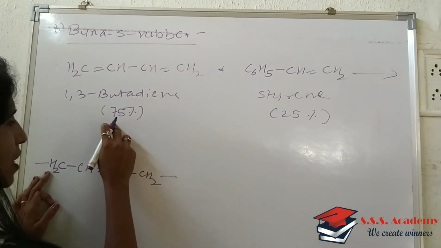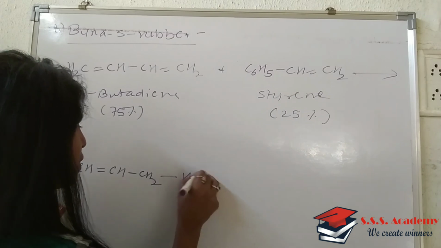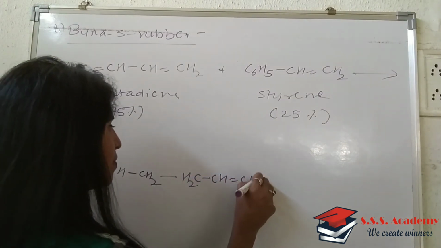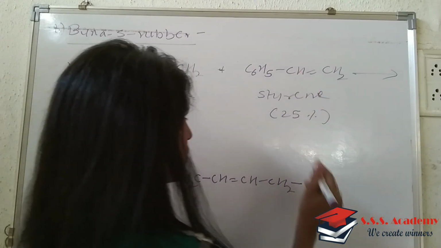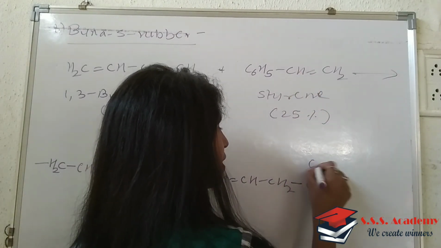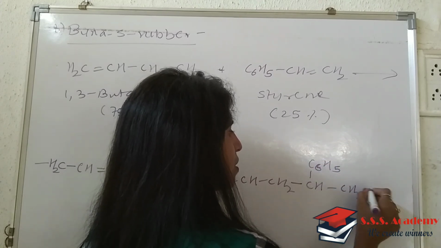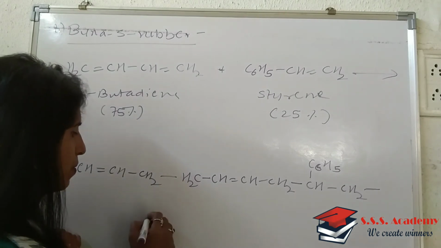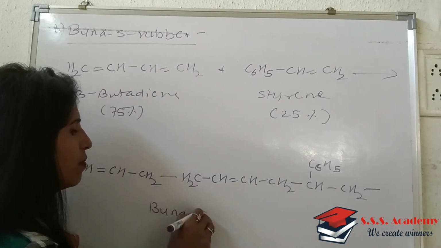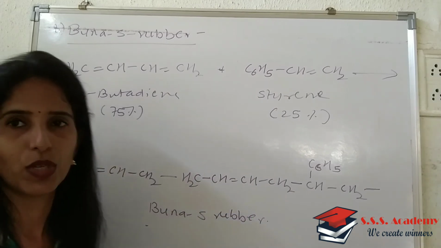Because we have taken a somewhat larger amount of butadiene as compared to styrene, so I will repeat this unit. Okay, same unit I have written over here, and next to that you will write this. This is CH, this is C6H5, that is phenyl group, and this is CH2. Okay, so this is nothing but Buna S rubber, or it is so called styrene butadiene rubber.